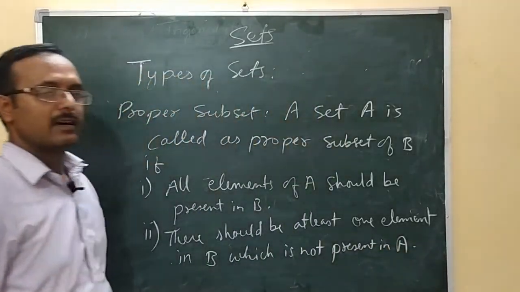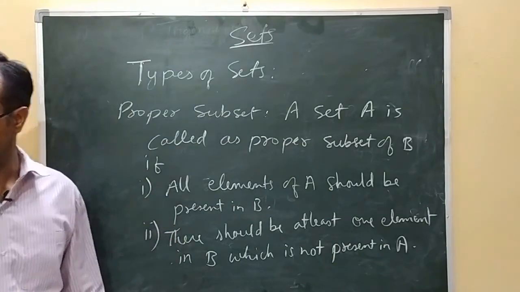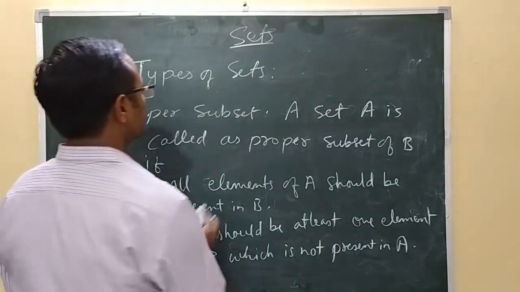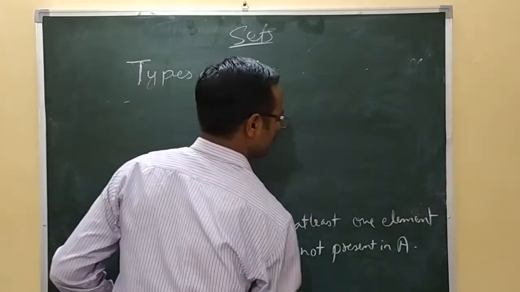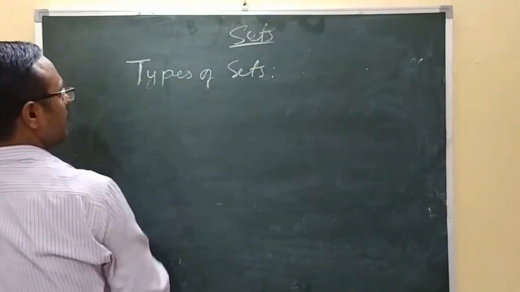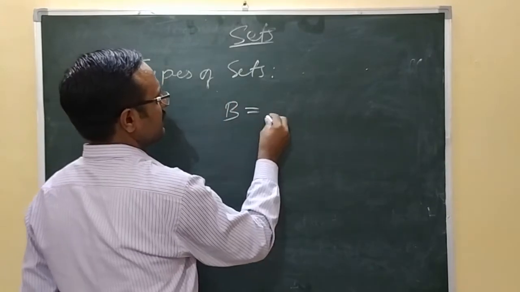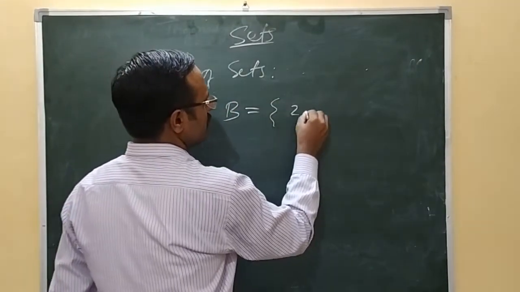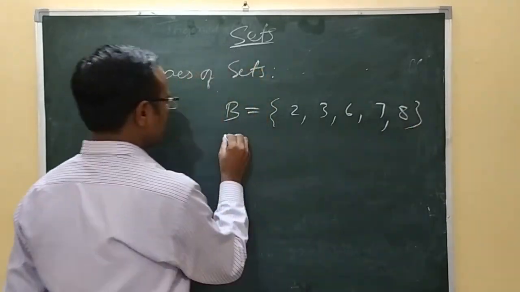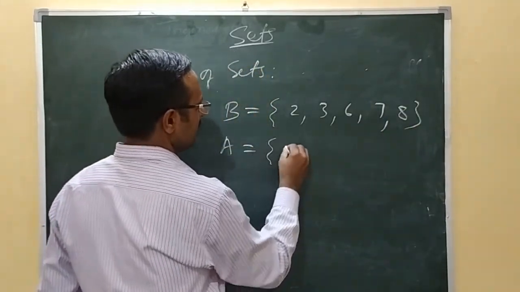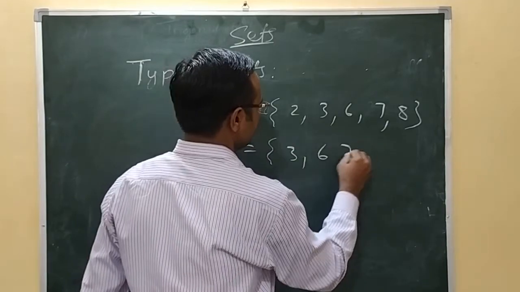Now let us take one example. Suppose set B is a superset which is 2, 3, 6, 7, 8, and set A is equal to 3, 6, 7.